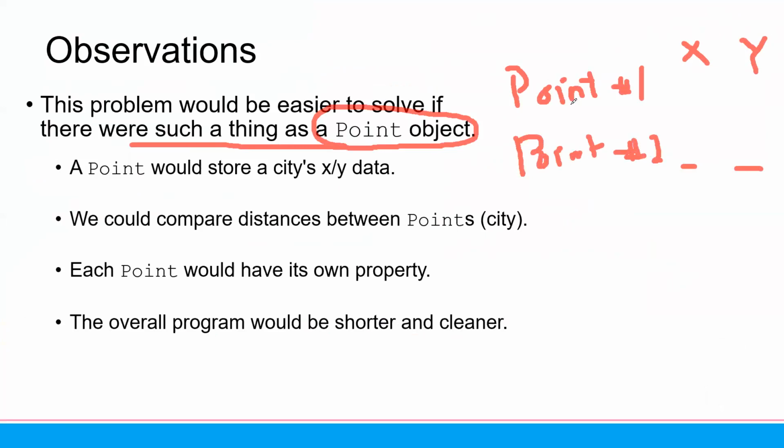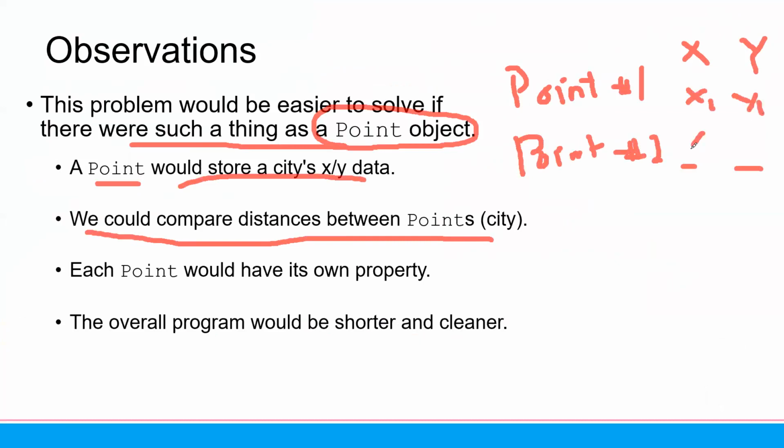So that will be better. The point will store the city's x and y data, and we can compare distances between points. So if we have x1, y1 and x2, y2, we can easily compare the x1 and x2 data, and then easily compare the y1 and y2 data.